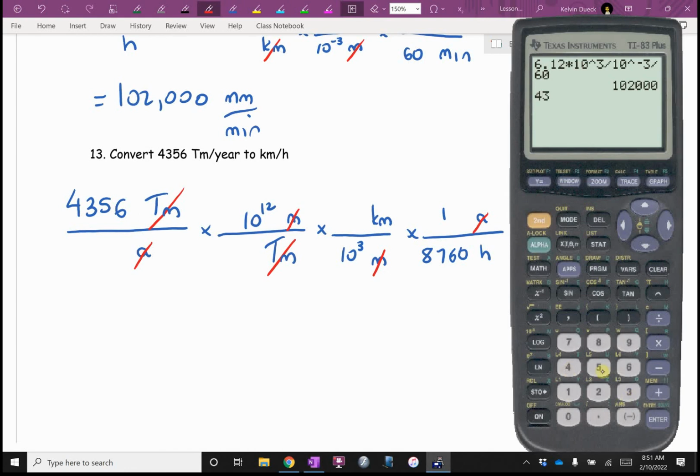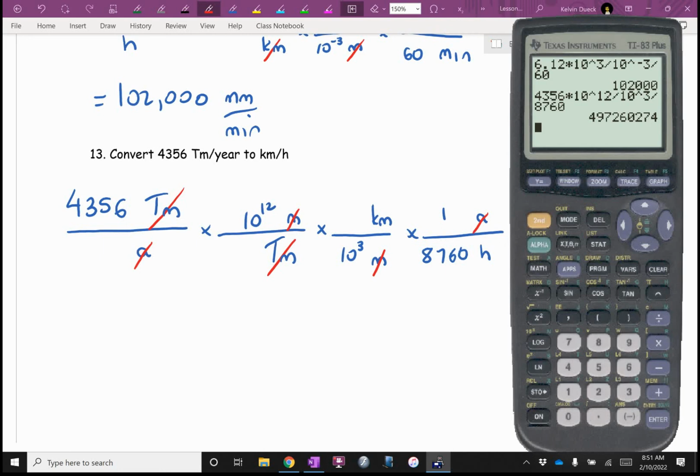4,356 times 10 to the 12th divided by 10 to the 3rd divided by 8,760. Do you get 60274?